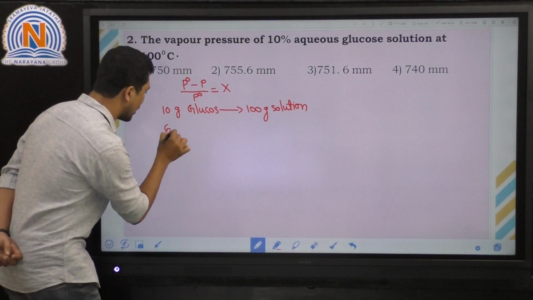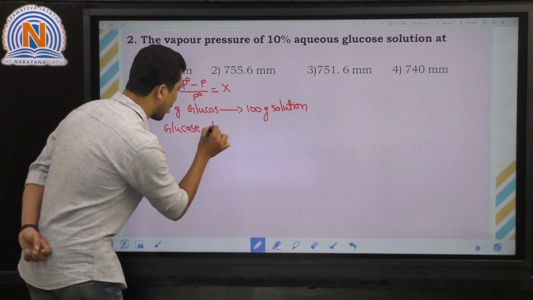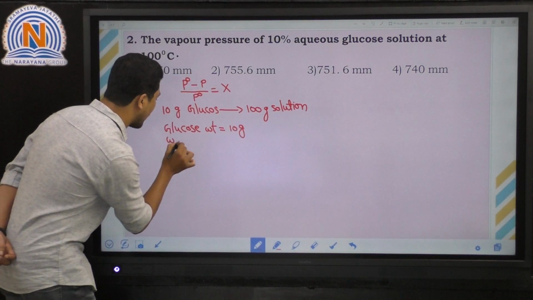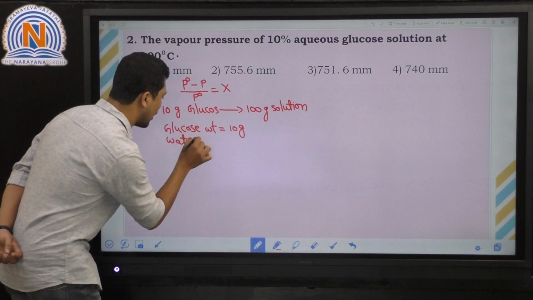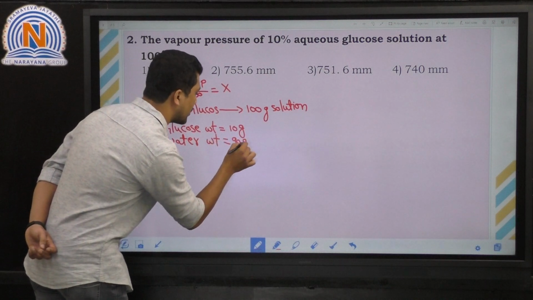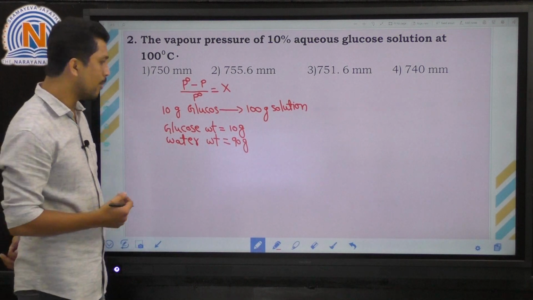So the glucose weight is 10 grams and the water, which is the solvent, weighs 90 grams. From this we can find the number of moles.